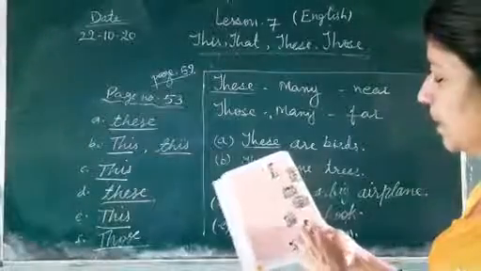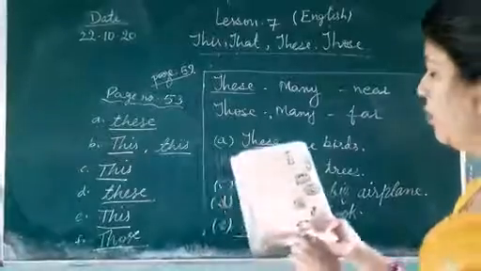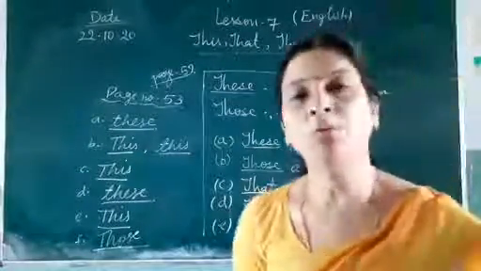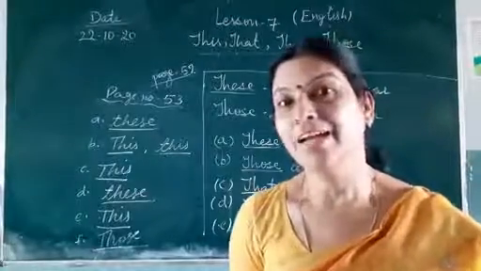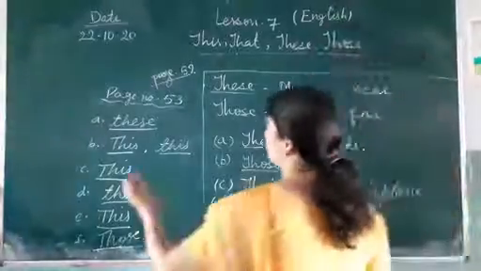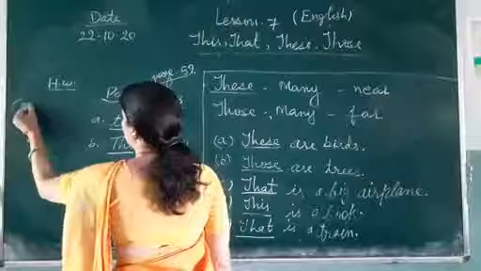Birds. Birds are near to the girl. These are birds. Are toys. Toys are near to the boy. So what will we write? These are toys. So your homework complete.